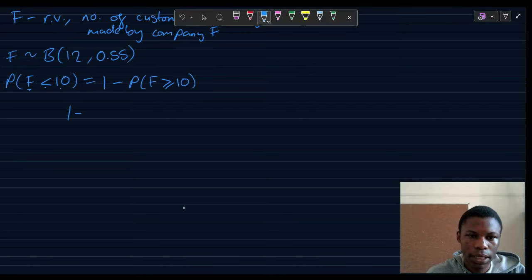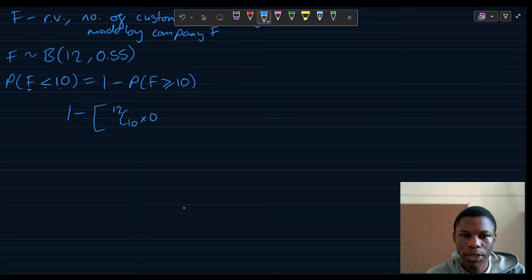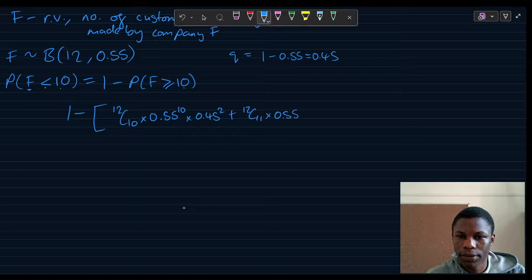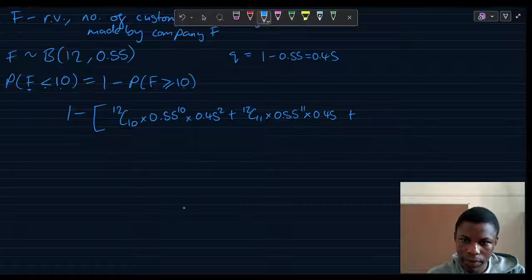So we can do 1 minus, and we'll start with F is equal to 10. That's going to be 12 choose 10, times 0.55 to the 10, times our Q, or probability of failure, which is 1 minus 0.55, which is 0.45, to the 2, plus 12 choose 11 times 0.55 to the 11 times 0.45 to the 1, plus 0.55 to the 12.